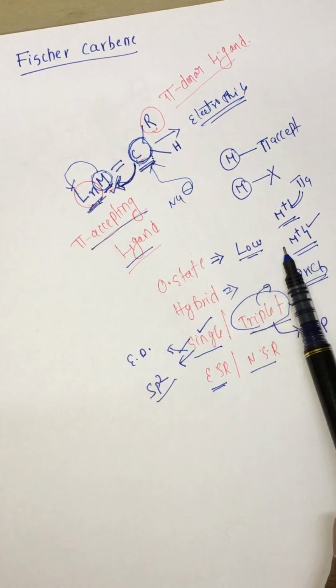So now this carbon becomes electron deficient. If an electron deficient carbon is there, it comes under the singlet state. So singlet carbene undergoes sp2 hybridization. So Fischer carbene undergoes sp2 hybridization, and since it is electron deficient in nature, it undergoes nucleophilic substitution reactions.